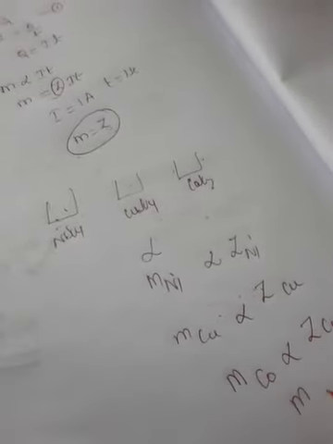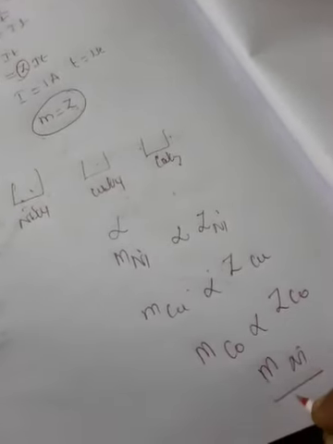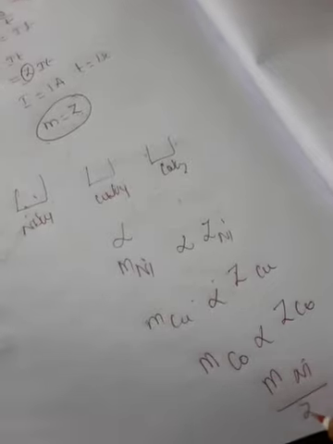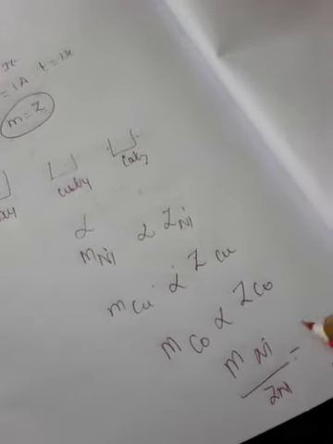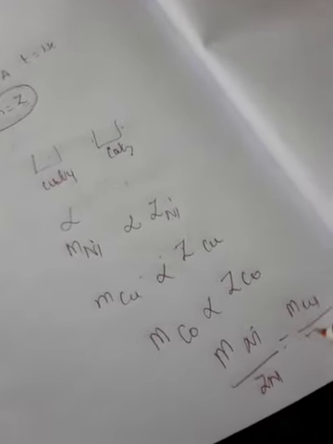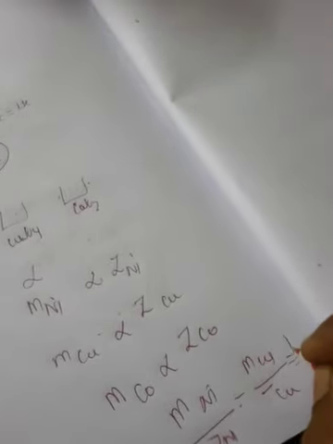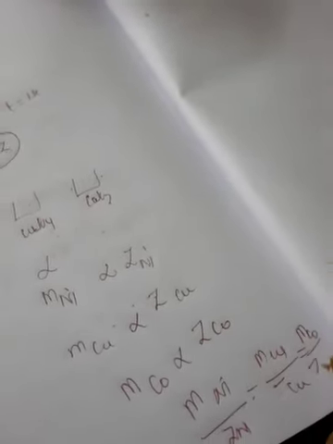Therefore, mass of Ni by Z of Ni is equal to mass of copper by Z of copper, equal to mass of cobalt by Z of cobalt. This is Faraday's second law.